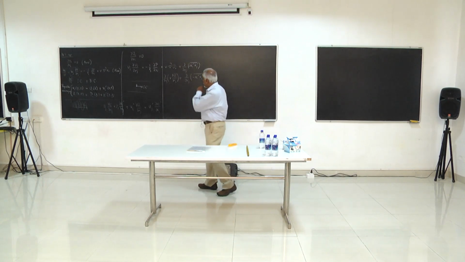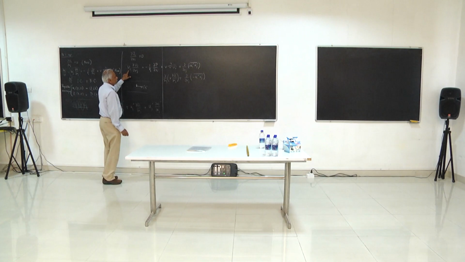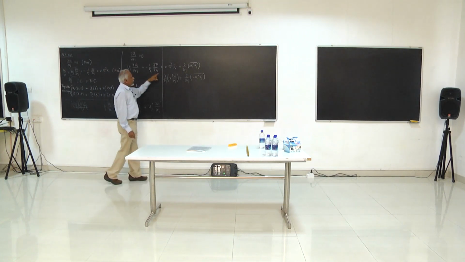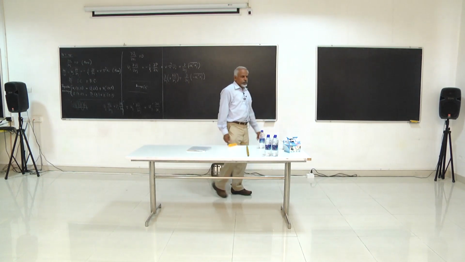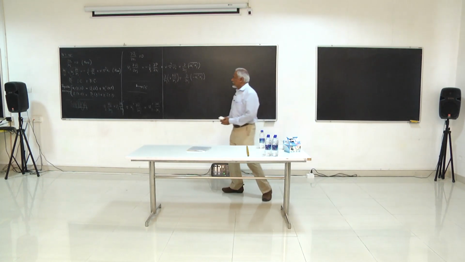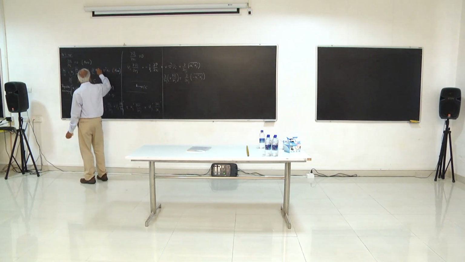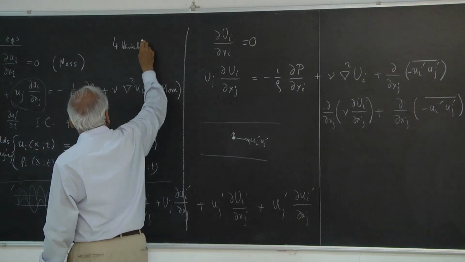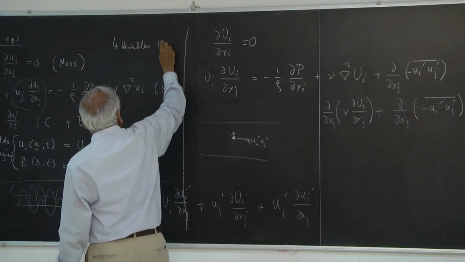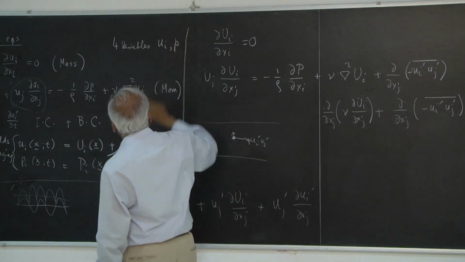So the point that I am making here is that even for the mean quantity, I have a term that involves fluctuations, and I have to know that somehow. So here, in the true Navier-Stokes equations, we have four variables, as I already said yesterday: u_i, that is u1, u2, u3, and the pressure.